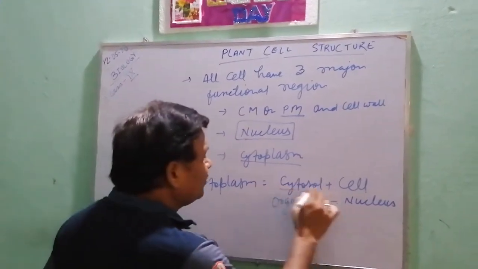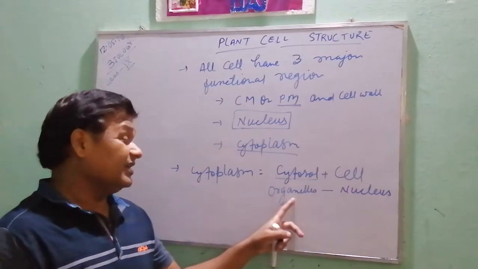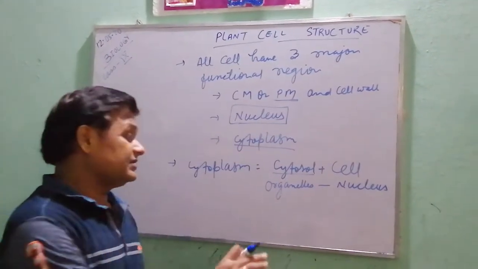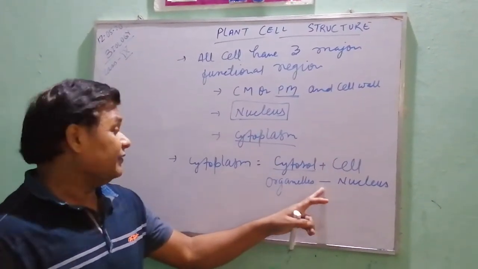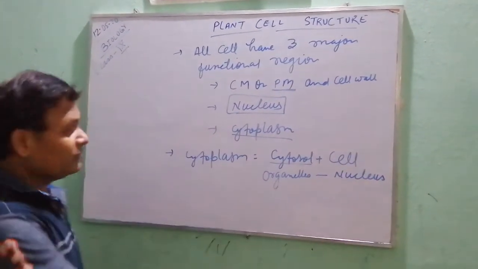That means cytosol is the living content of the cell, plus the cell organelles present inside the cytoplasm, minus the nucleus. We have to deduct the nucleus from the cell organelles.